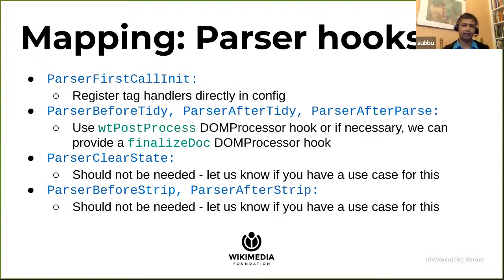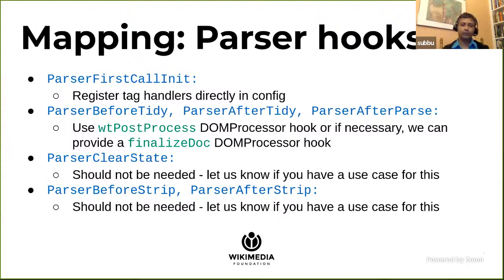You can declare that entirely in the JSON config inline. Alternatively, you can extend the extension tag module and do that registration in the getConfig method. So you basically transfer the implementation from your ParserFirstCallInit handler to the getConfig method.